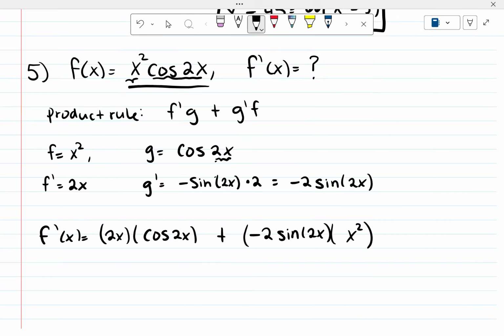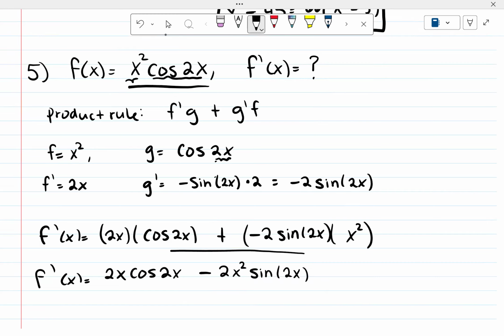And then put it all together, clean things up. Your final answer shall be 2x cosine of 2x minus 2x squared sine 2x. And then you find answer.